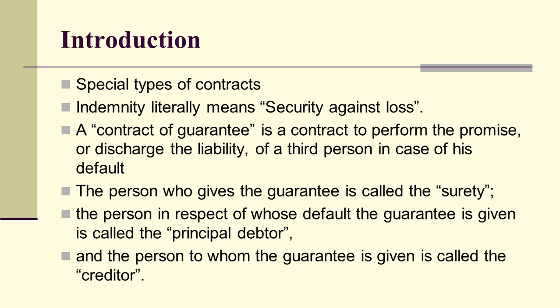The first is the principal debtor, the person who makes a contract with another person, and the third person who gives surety to the second person is also available in the contract of guarantee. So there are three persons in the contract of guarantee.